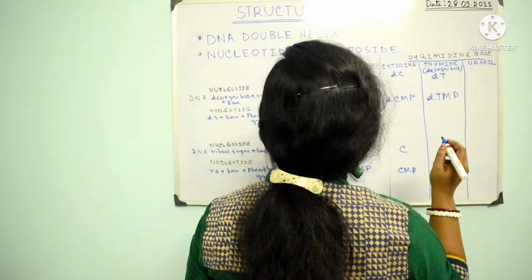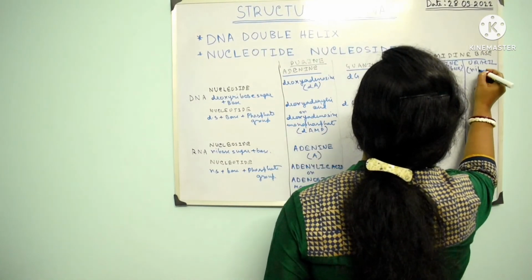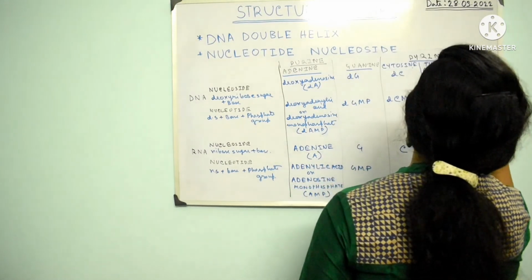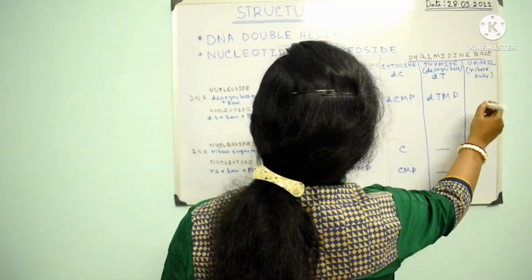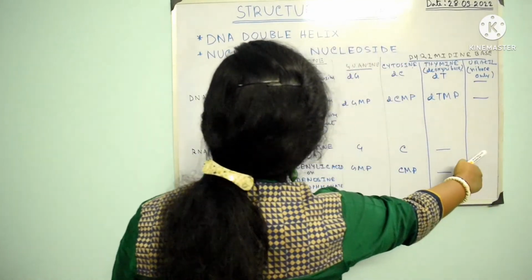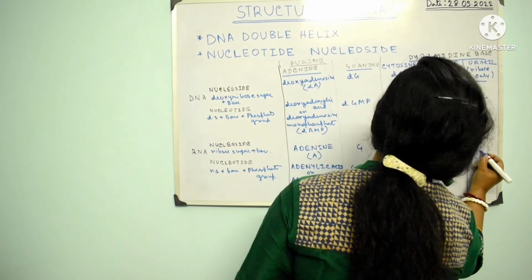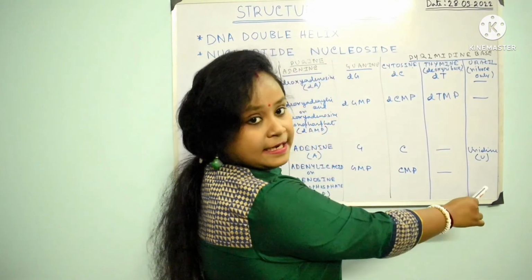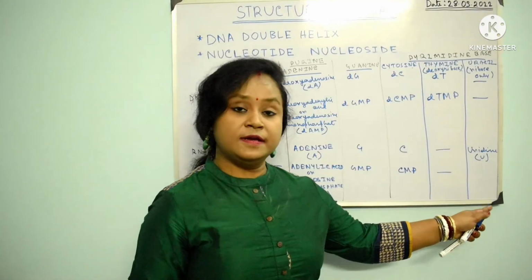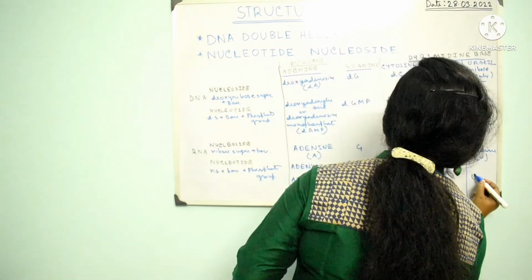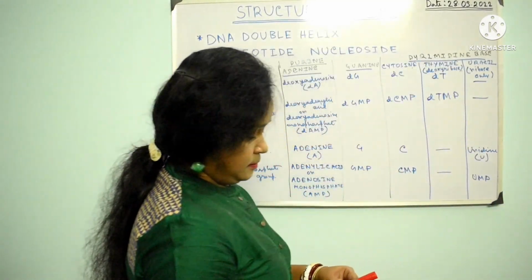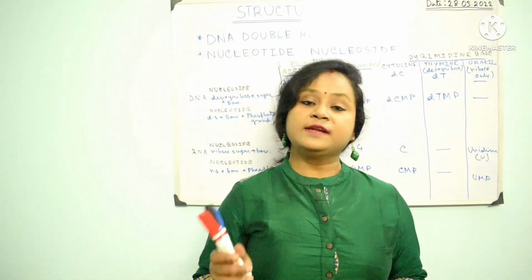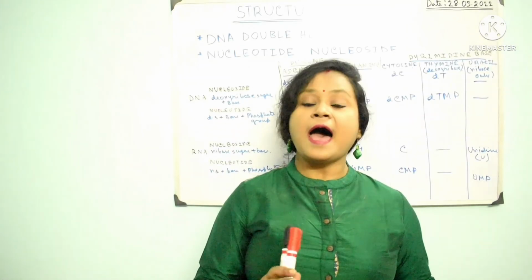And uracil will be present in ribose only, so the DNA side will be blank, and uridine or uridylic acid or uridine monophosphate or UMP. So it's all about the names of the nucleotide components found in DNA and RNA.